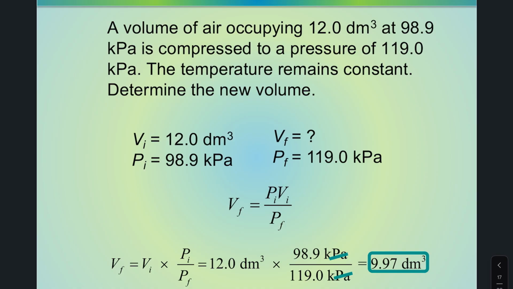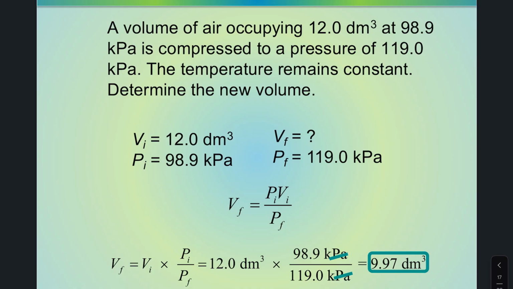To apply Boyle's law to an actual problem, this is what it might look like. A volume of air occupying 12.0 decimeters cubed at 98.9 kilopascals is compressed to a pressure of 119.0 kilopascals. The temperature is going to remain constant.